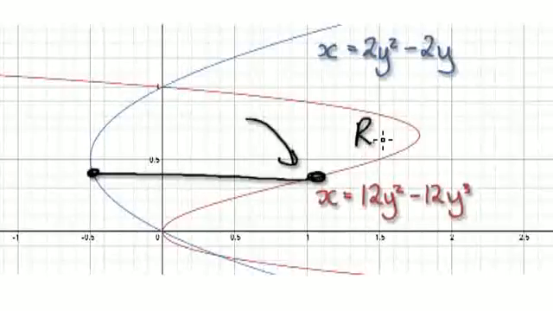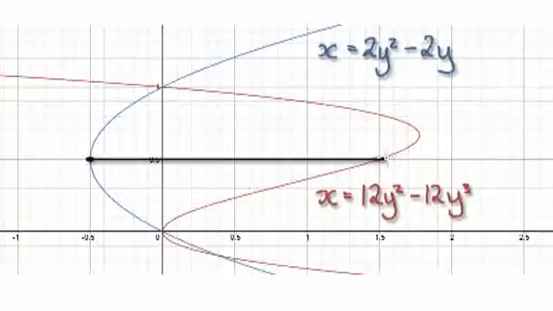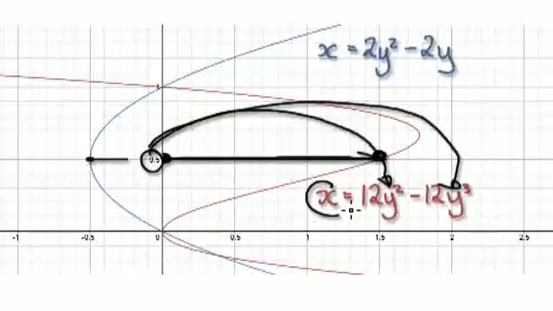If you want to locate this point here, let's use 0.5. If you want to work out this height here, you put this y value into the red line, and it will give you the x value here.